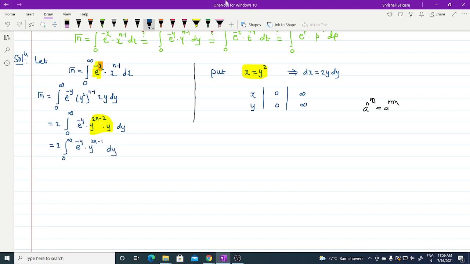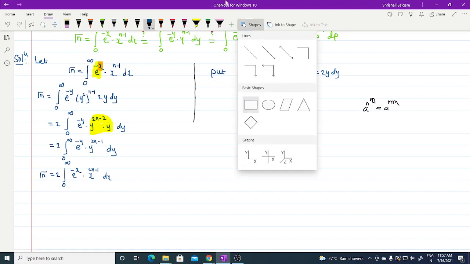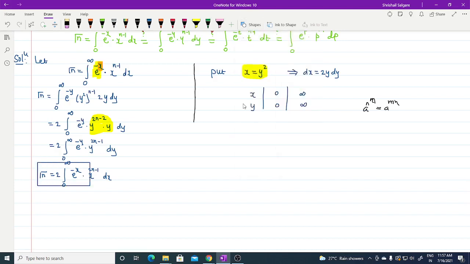Again, in statement form, it can be written as 2 times 0 to infinity, definite integrals are independent of the parameter, e raised to minus x raised to 2n minus 1 dx. This one we consider as the second definition of gamma function, but most of the time we are using the first definition only.